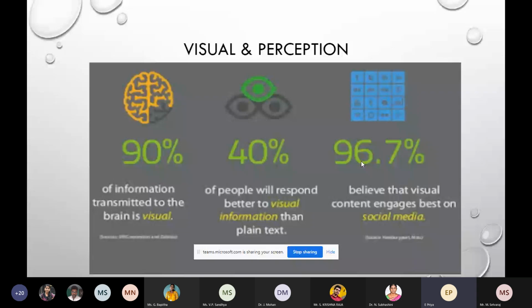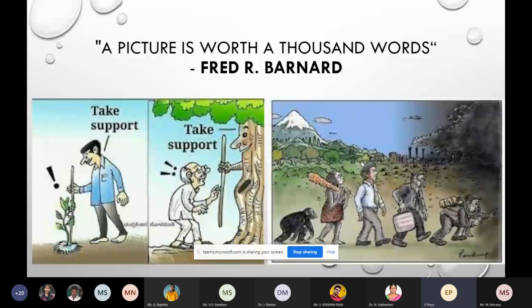It says that about 96.7 percent of people are attracted by visual information from social media. So this is the huge appreciation or background behind visual perception. I should not forget to quote this proverb: "A picture is worth 1,000 words."